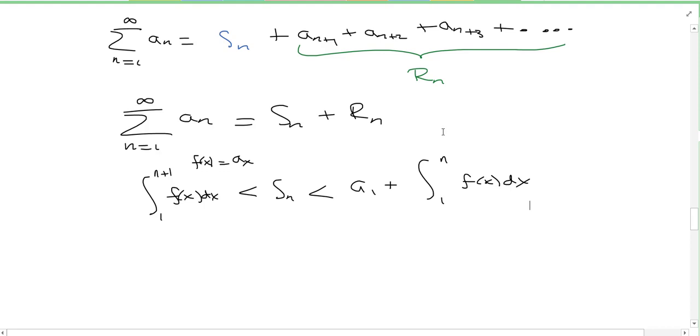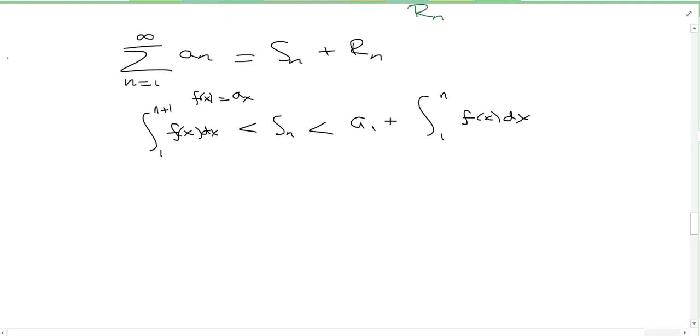So what does that tell you about the remainder? We can deduce that the remainder, Rn, is going to be between what two things?